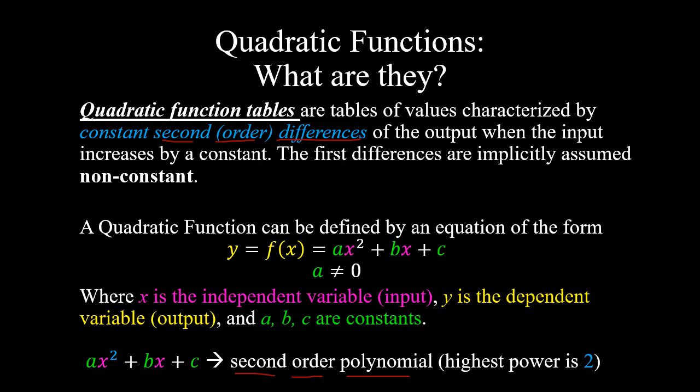That's important because it's this whole idea of a second order polynomial, which means that the highest degree of our polynomial is 2, right? We cannot have ax cubed, ax to the fourth, ax to the fifth. No, that's no longer a quadratic function. The highest degree that we are going to be dealing with is degree 2, this second order polynomial, okay? So this whole idea of a second order is really important.